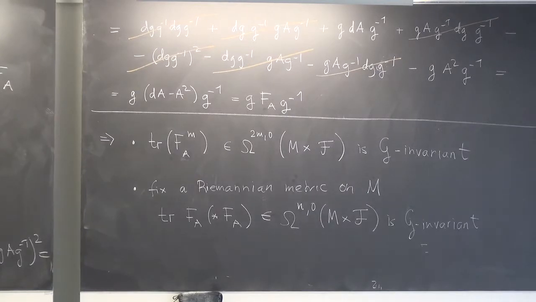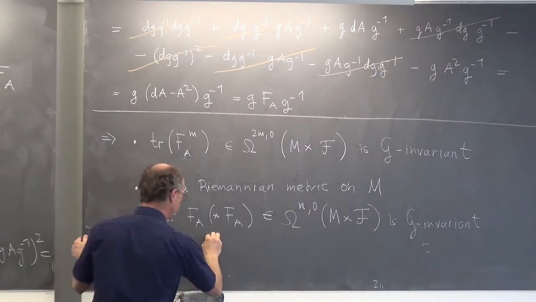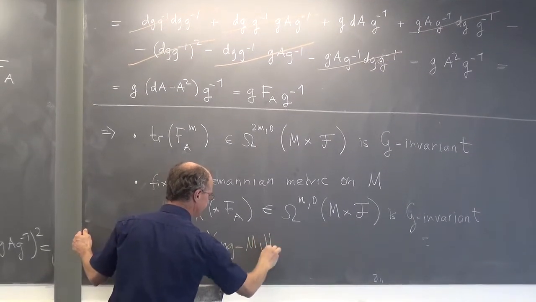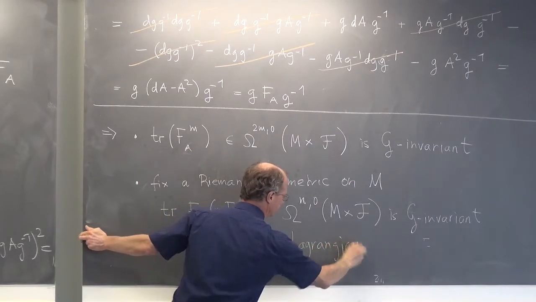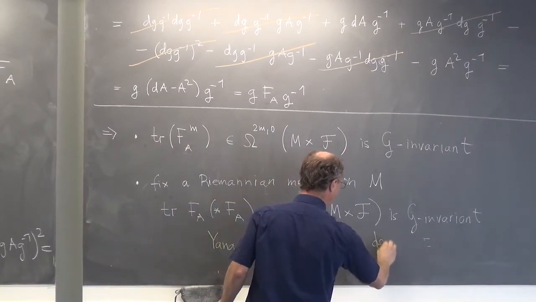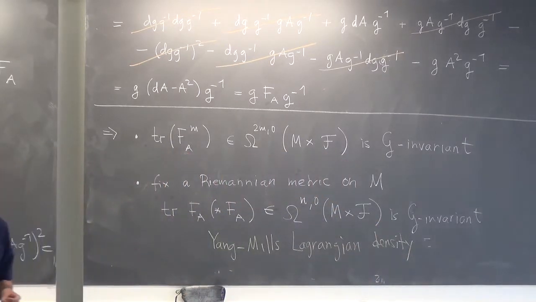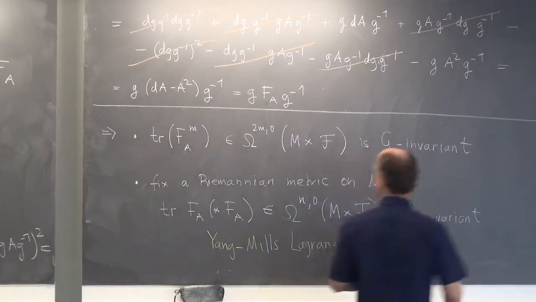So these quantities have names. This one is called the Yang-Mills Lagrangian density. We're going to look at it in detail.